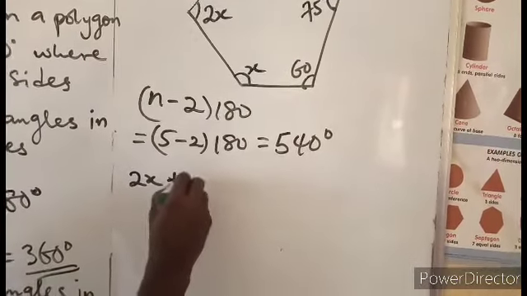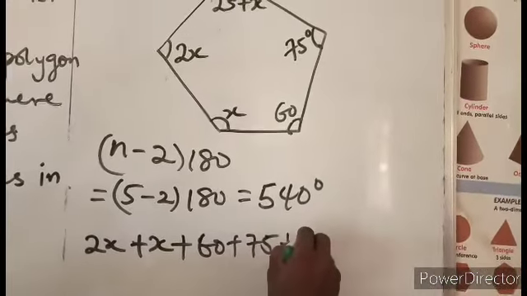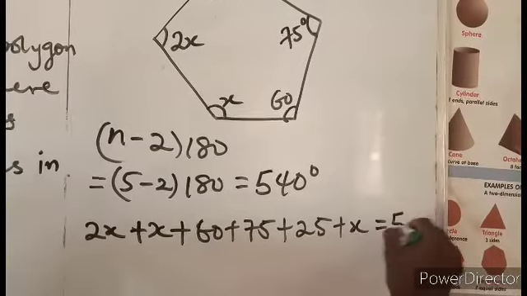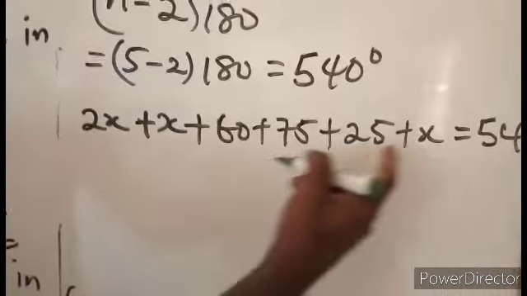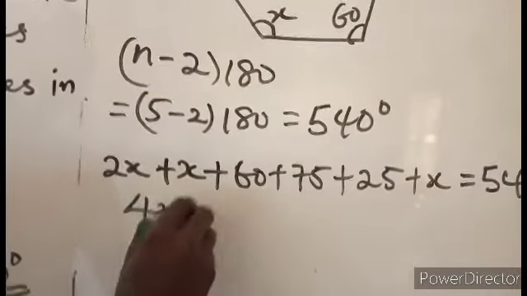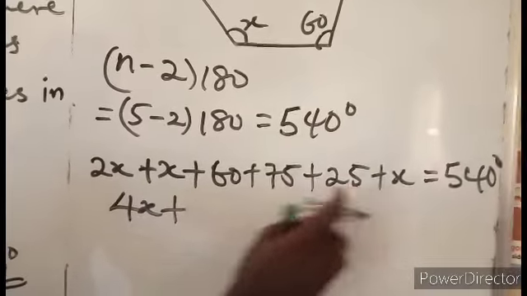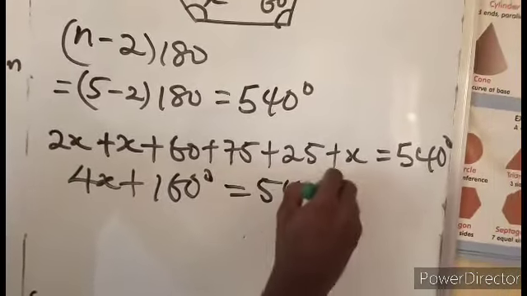2x plus x plus 60 plus 75 plus 25 plus x is supposed to give us what? 540 degrees. 2x plus x plus x will give us 4x plus, alright, 60 plus 75 plus 25 is 160 degrees, equals 540 degrees.